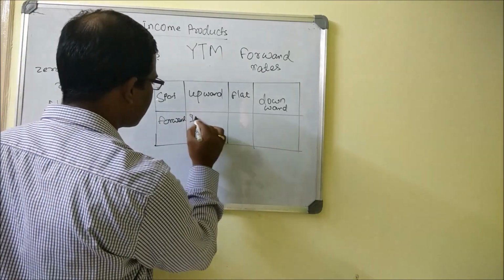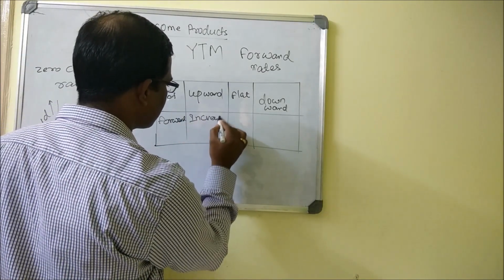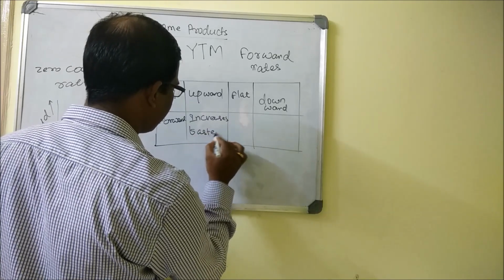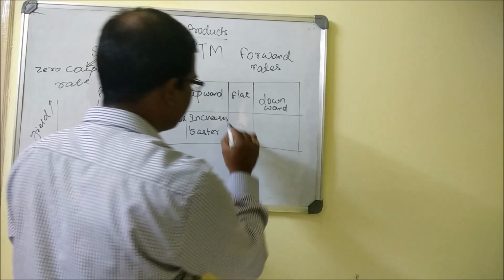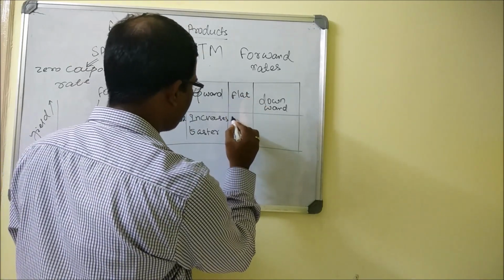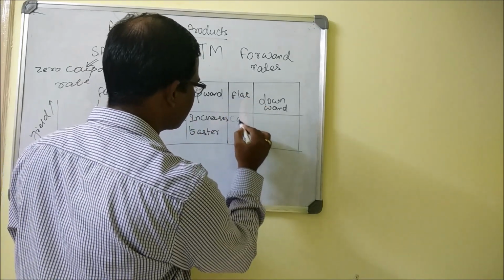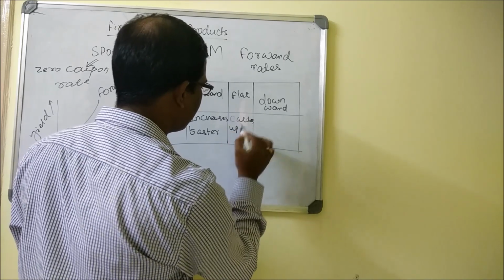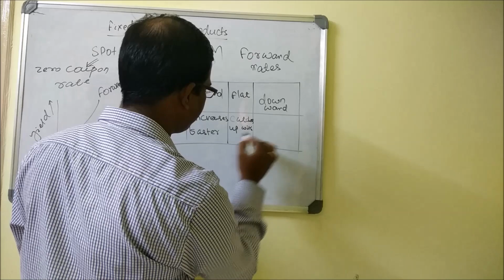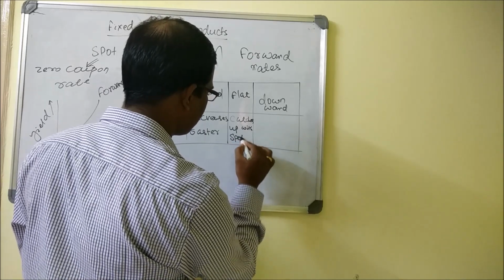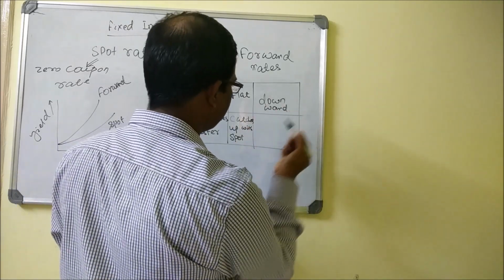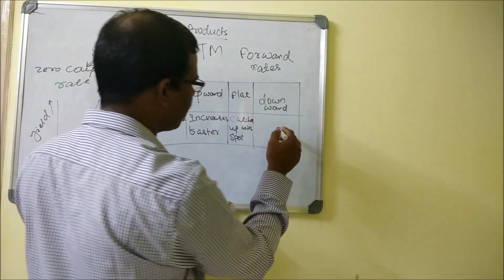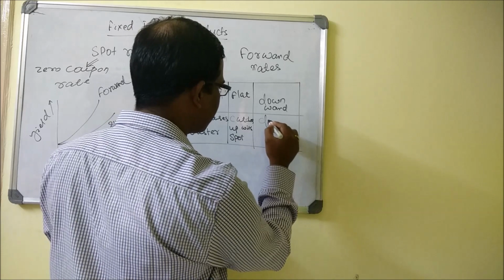So it increases sharply, or it increases faster than the spot rate. Here in case of a flat curve, the forward rate tries to catch up with the spot rate curve, and in case of a downward sloping curve, the forward rate will decrease at a faster rate.